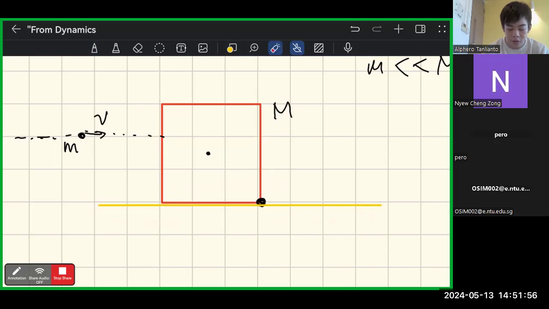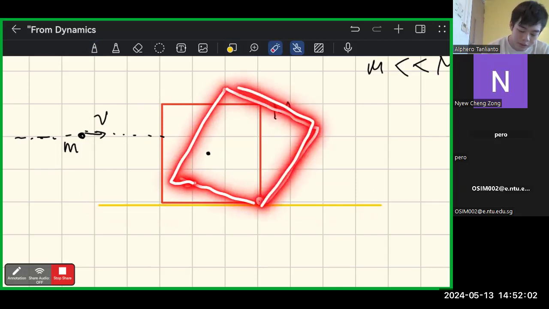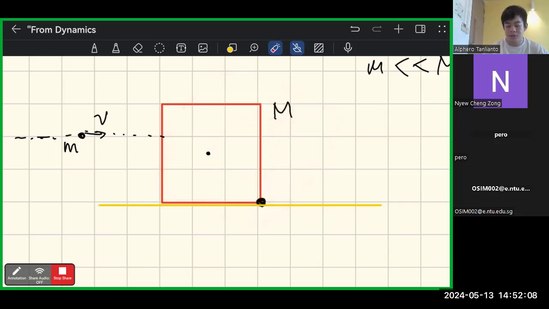It cannot translate. It can only rotate. So it has to be raised up by some degree. It's the same thing if we change this into the pin. But if it's on the ground, the force is going to be the friction force here, which is infinite. So you cannot calculate.